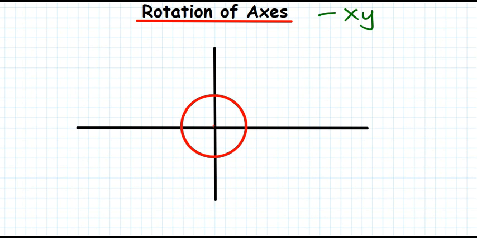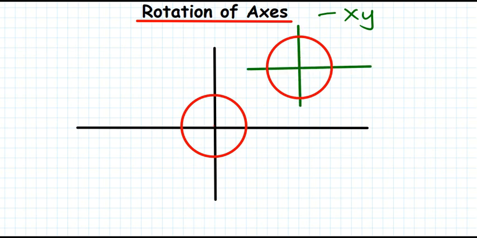We talked about translation previously, which involves studying a conic section away from the origin, where you come up with new coordinates about the new point. And then we came up with a new form.